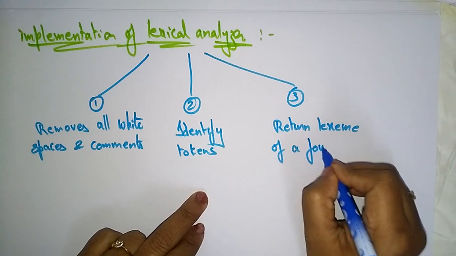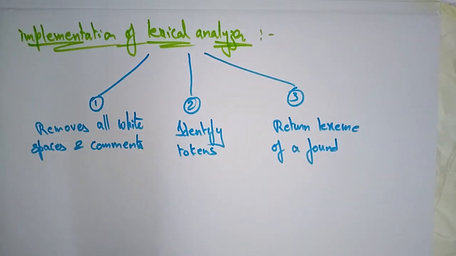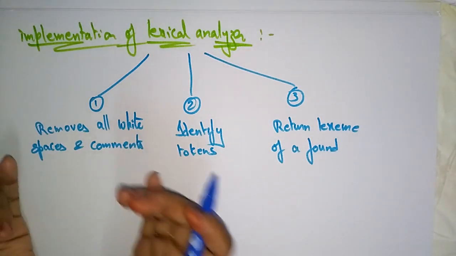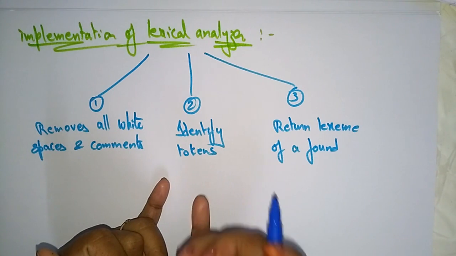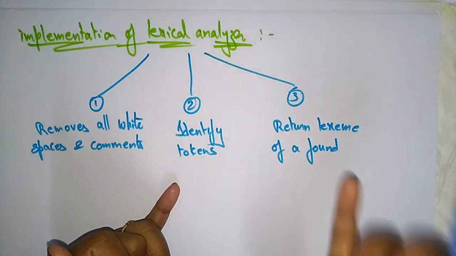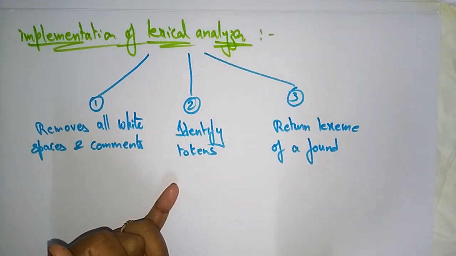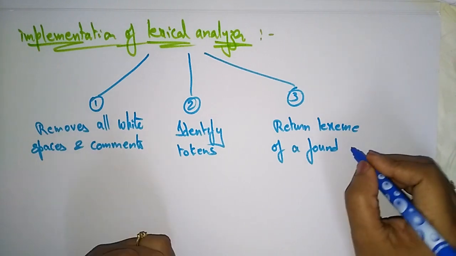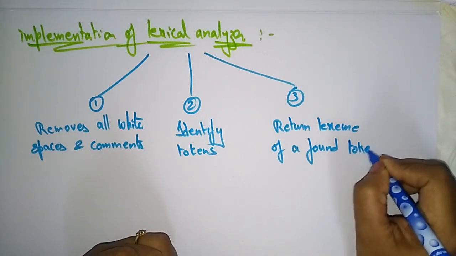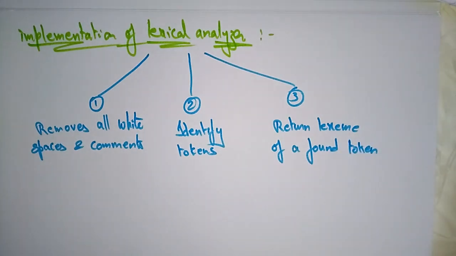After identifying the tokens, it returns the lexemes present for each token, as well as the line number it was found on. So these are the three main things the lexical analyzer is doing.